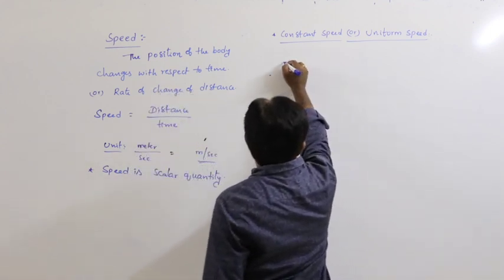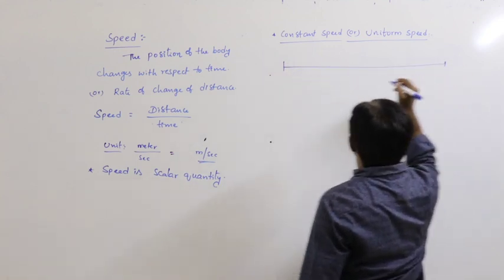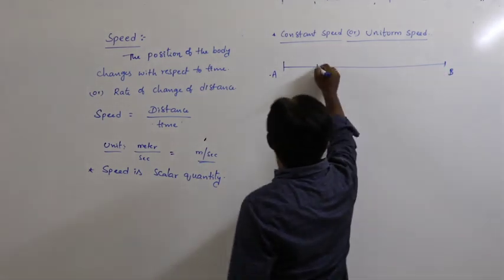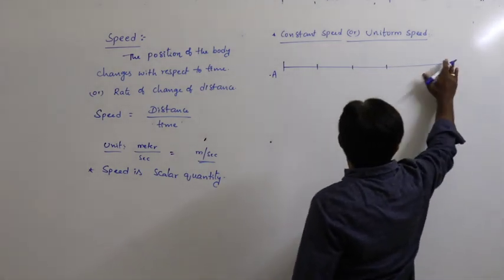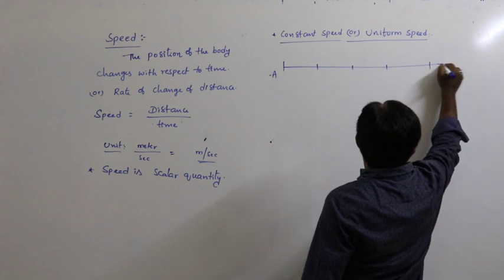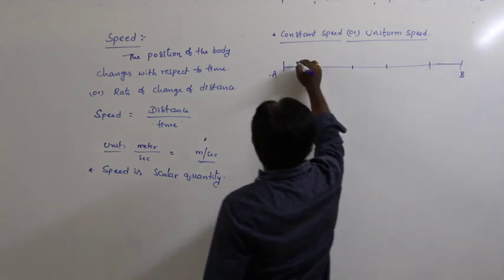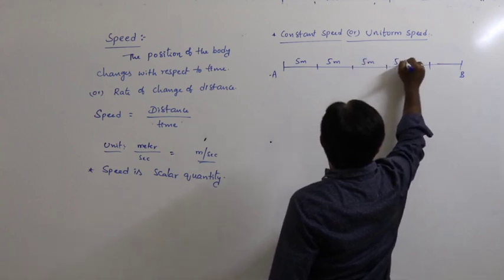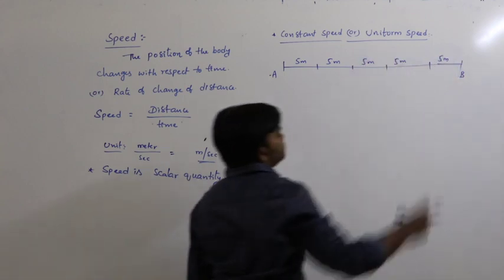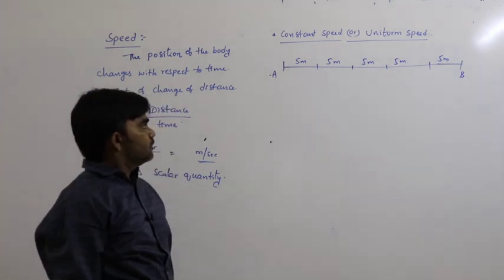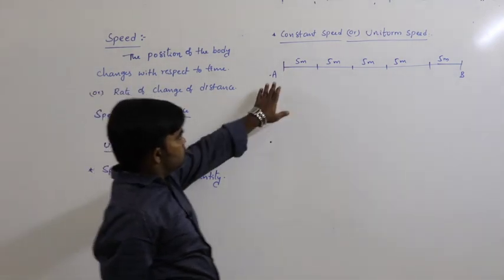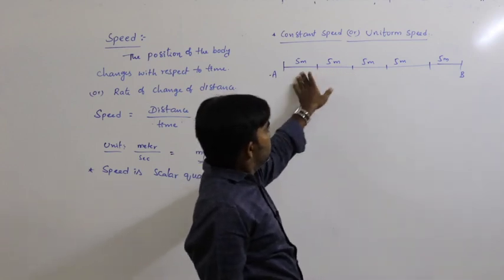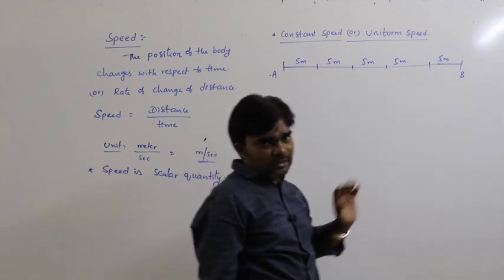For example, see here, let us say this position divides into a number of parts like this. This is 5 meter, 5 meter, 5 meter. So the position between A and B is divided into 1, 2, 3, 4, 5 parts.